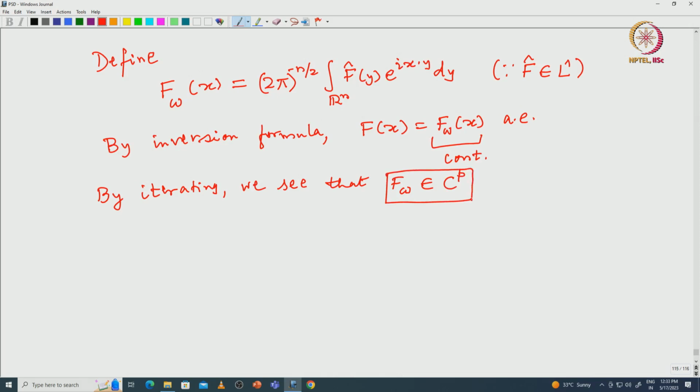This is defined for all x, okay, that is no problem. So, this is a p times continuously differentiable function on R^n, fine.